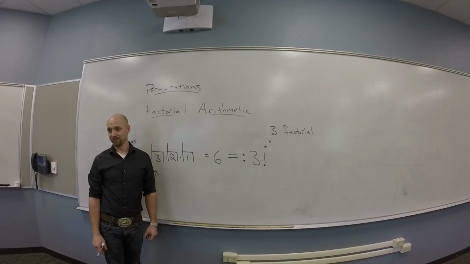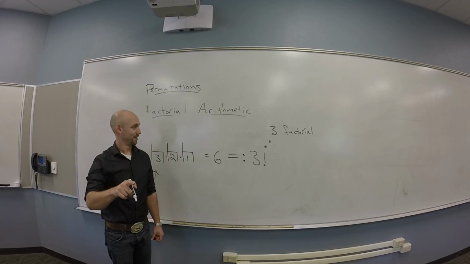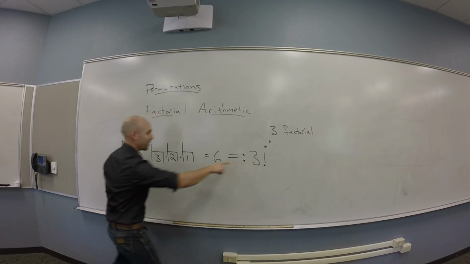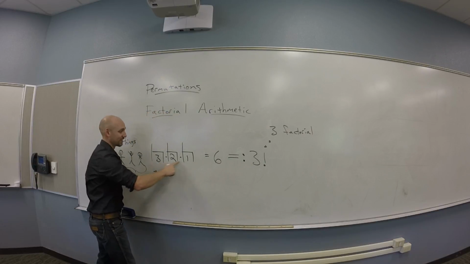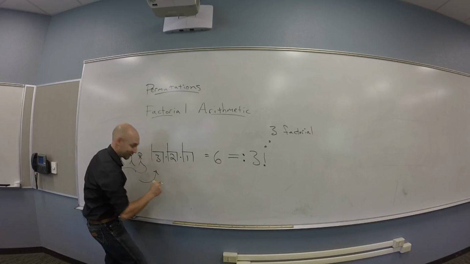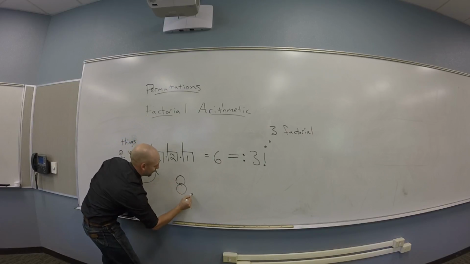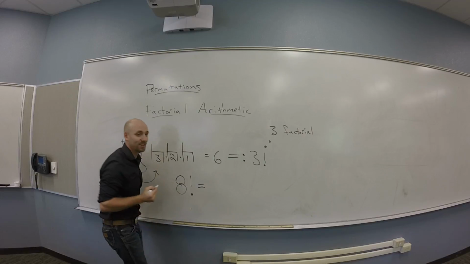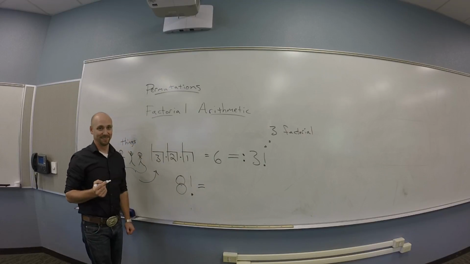You guys want to see an example? Wait, what is the 3 for again? So notice 3 was where I started this process. Let me give you another example. What does 8 factorial mean? There's 8 people and 8 chairs.